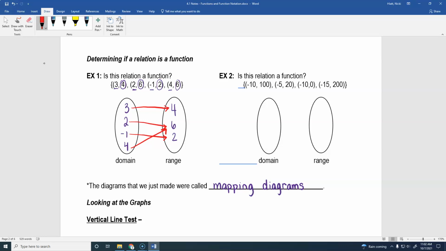So, each x value only has one y value that goes with it. Even though this y value over here does have two x values, right? So from each one of these x values, I only see one line going out, right? So this would be a yes. This is a function.